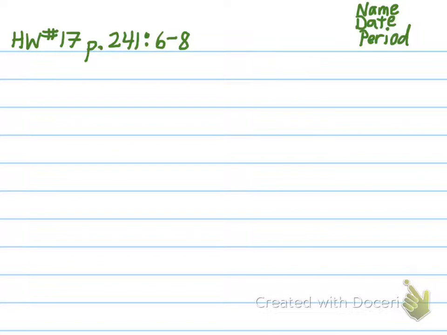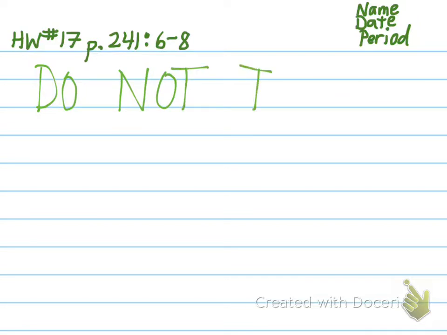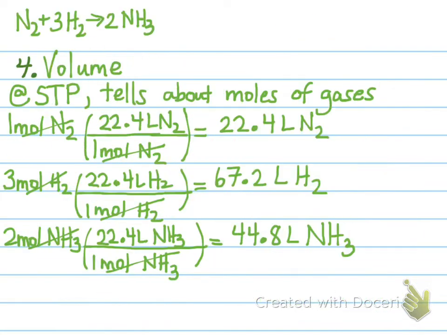Your homework assignment is on page 241, questions 6 through 8. These are going to be problems. Do not type them. I want your problems handwritten because you have to show me all your work.